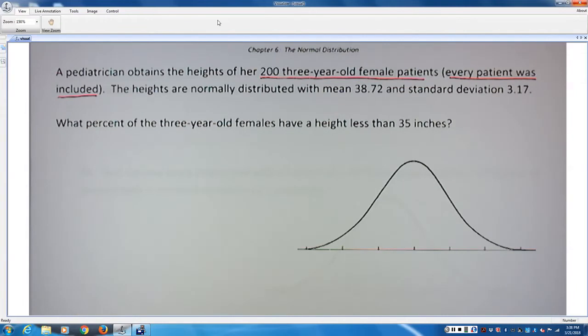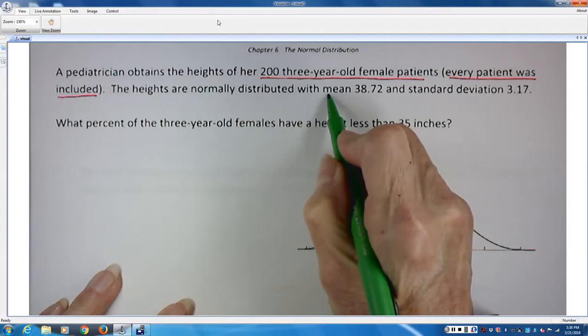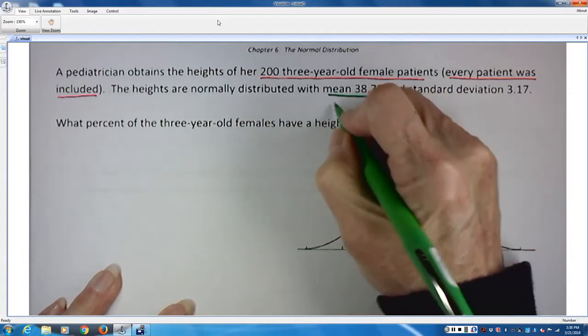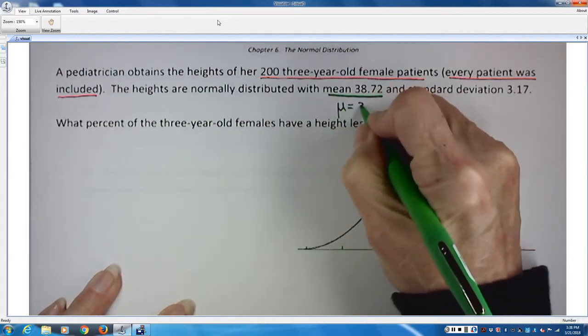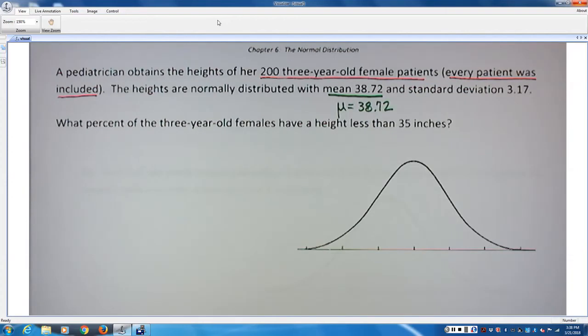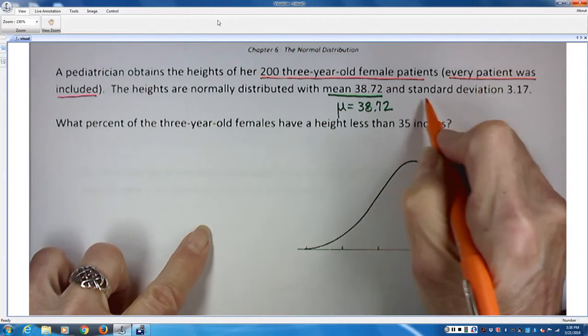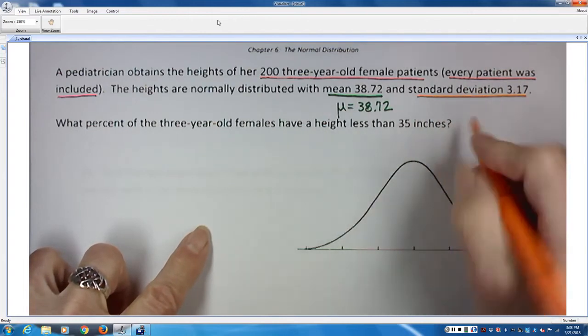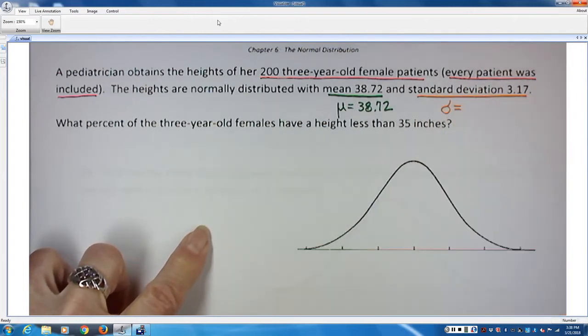And they give us the information that the mean height for those 3-year-olds is 38.72. And the standard deviation of those heights, which is sigma, is equal to 3.17.